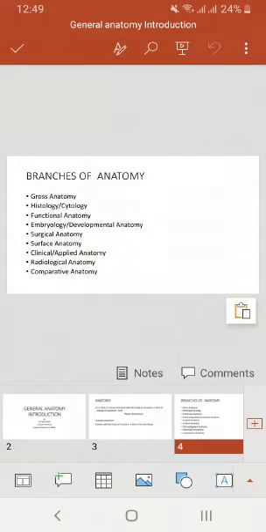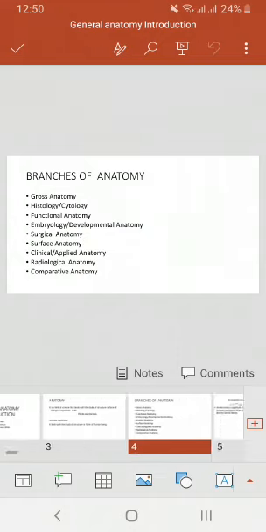And there is comparative anatomy, in which we compare the human body with other animals or other mammals, and we can also compare the human body with other groups of vertebrates, that are birds and reptiles, or other animals. This is comparative anatomy.